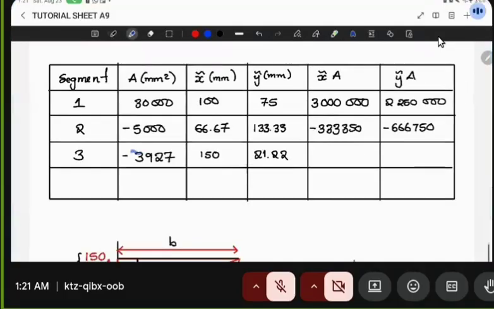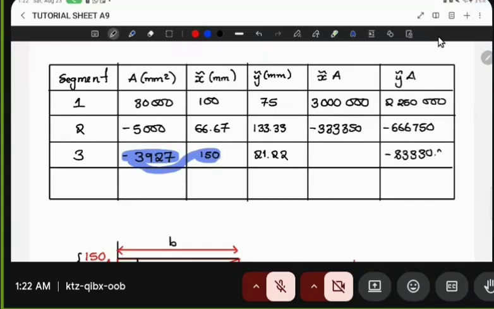So we can multiply now. What will be this times this? Negative 83, then 3 again. 0.94.